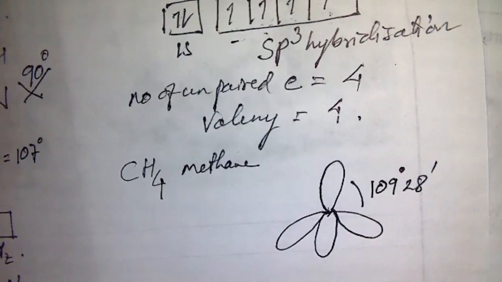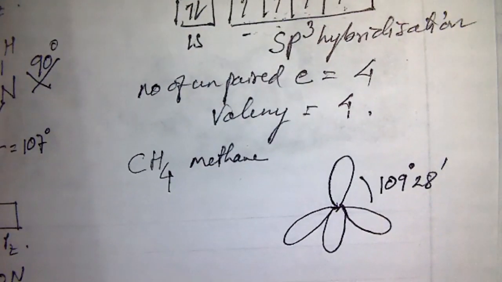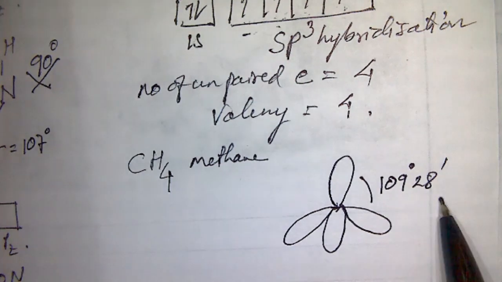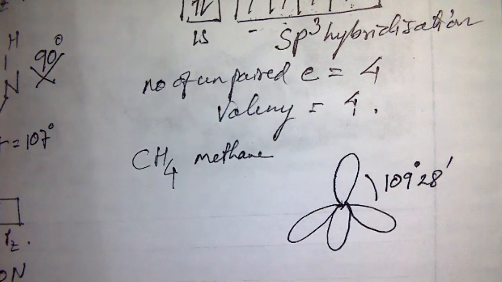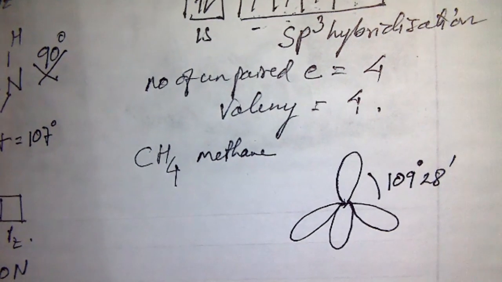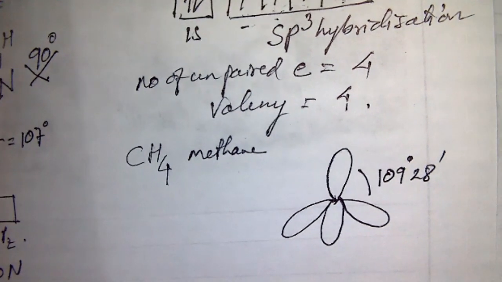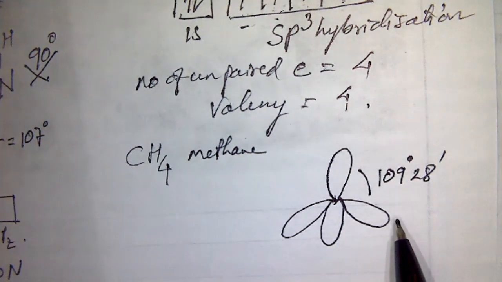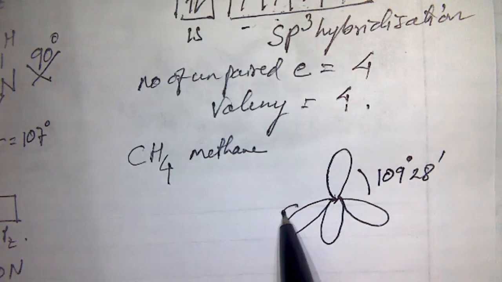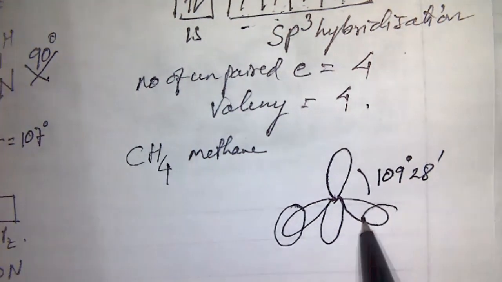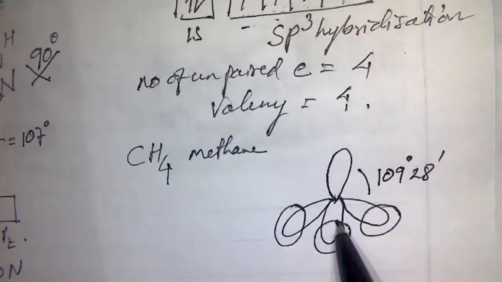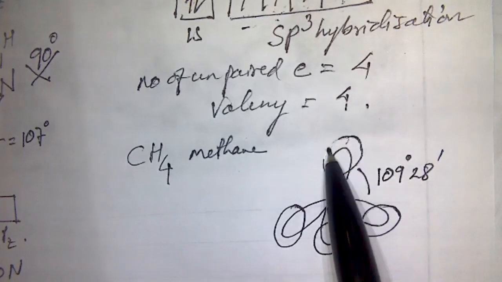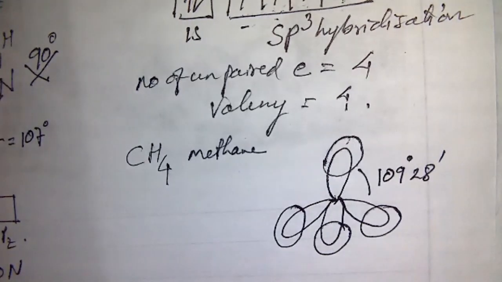So there are 4 different things. The angle is how much? 109 degree 28 minutes, or you can say 109.5 degree. Understood? 60 minutes makes 1 degree. So this angle is that much. What will happen here? Each one is combining with hydrogen. In case of methane, this will combine with hydrogen. So this will give you the methane molecule.